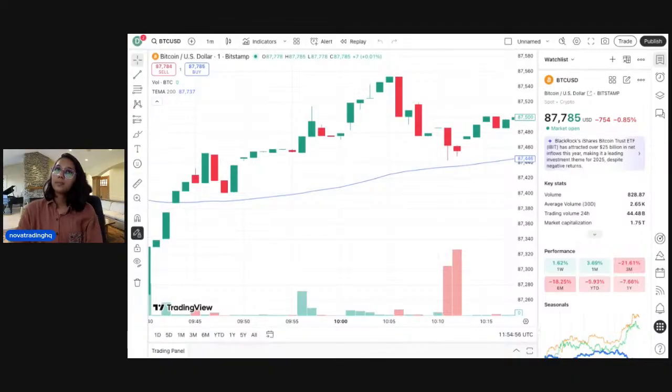This is not uncertainty, it is just digestion, I would say. The market is absorbing all the recent activity, right? And this is where overtrading causes a lot of loss, right? So patience is often the best risk management tool here, which I would want to throw in.